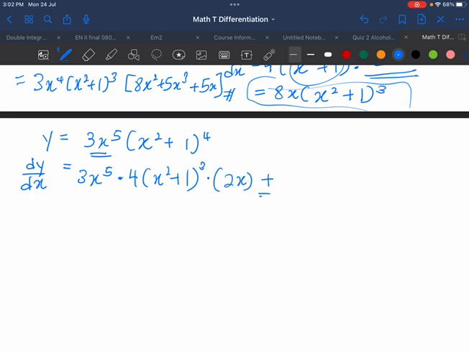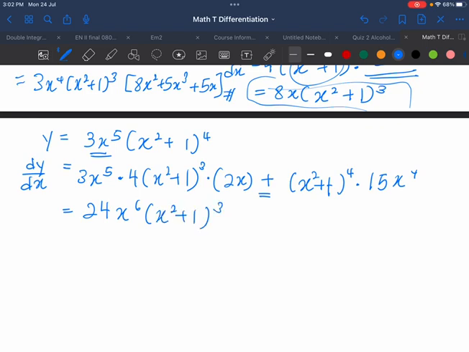Now I have finished cutting my hair, now it's your turn, 3x to the power 5, so you become x. So we copy this one, (x squared plus 1), and you will get 15x to the power 4. When you multiply, you will get 24x to the power 6 (x squared plus 1) cubed, plus this one here, 15x to the power 4 (x squared plus 1) to the power 4.